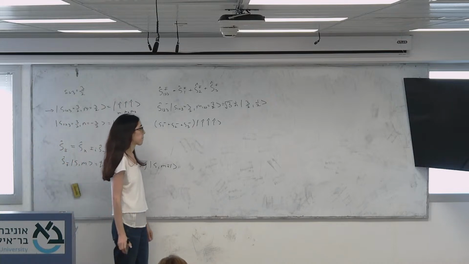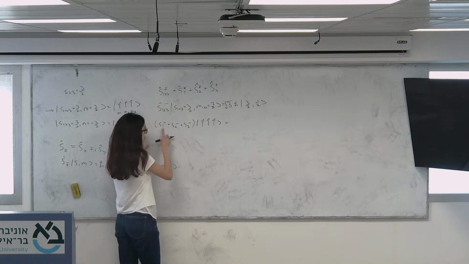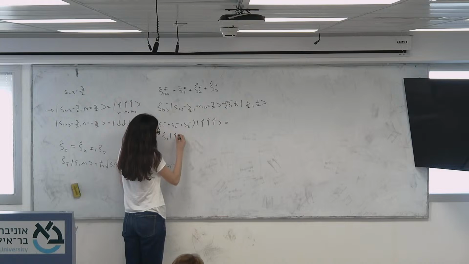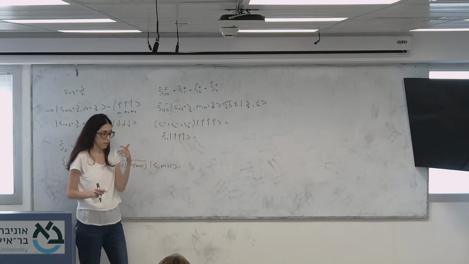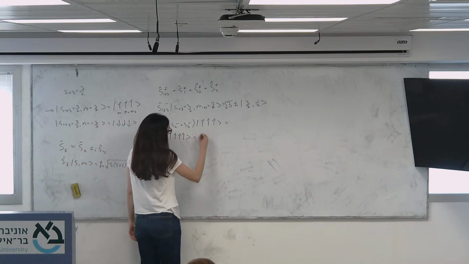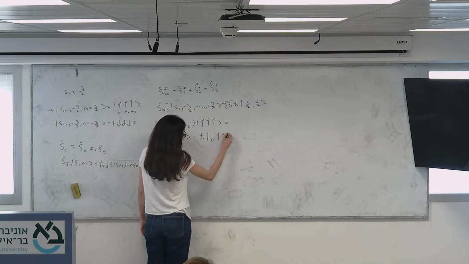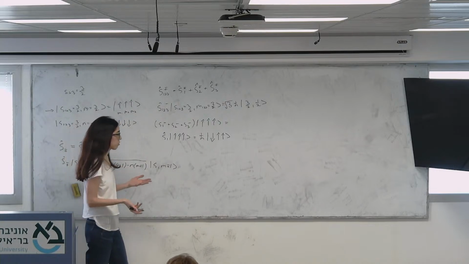S1 minus, for example, on up, up, up is going to change only the M1 component. So this is going to give us h bar down, up, up. And the same for S2 and S3.